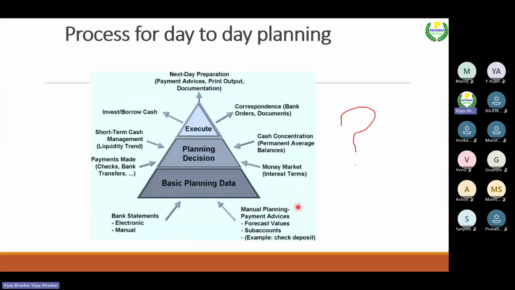That is how the process for day-to-day planning can be done. This is a regular activity. The only thing I wanted to highlight here is that the data I considered was only the electronic bank statement and other information.